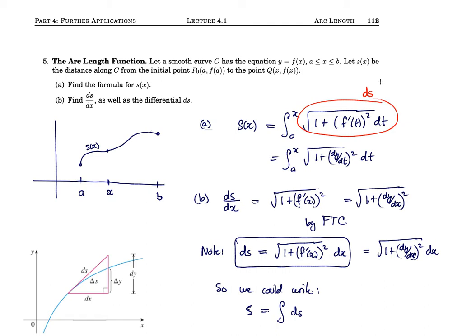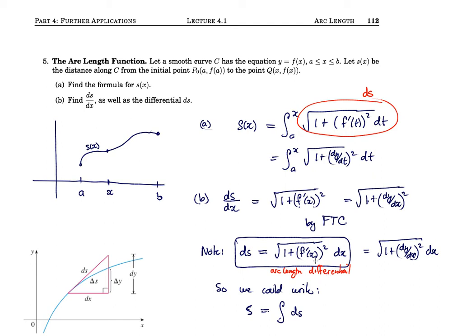Now it doesn't look like we've done much here, but in some sense what we've done is given ourselves a way to remember how to compute the arc length. This ds is called the arc length differential. If we remember the arc length differential is the square root of 1 plus the derivative squared, dx, then the arc length is the integral of that differential.